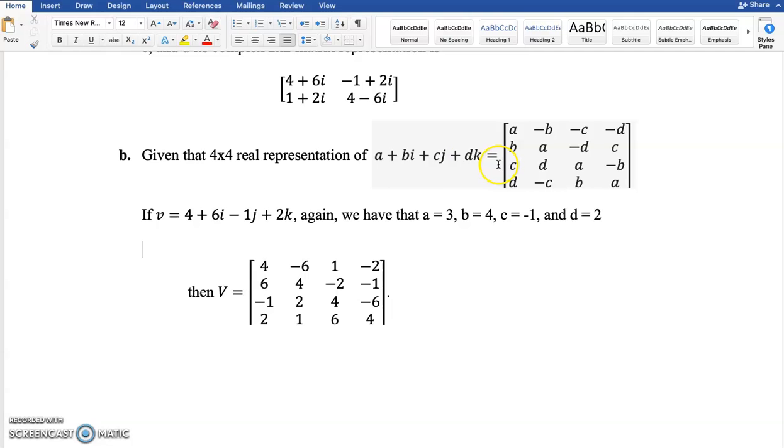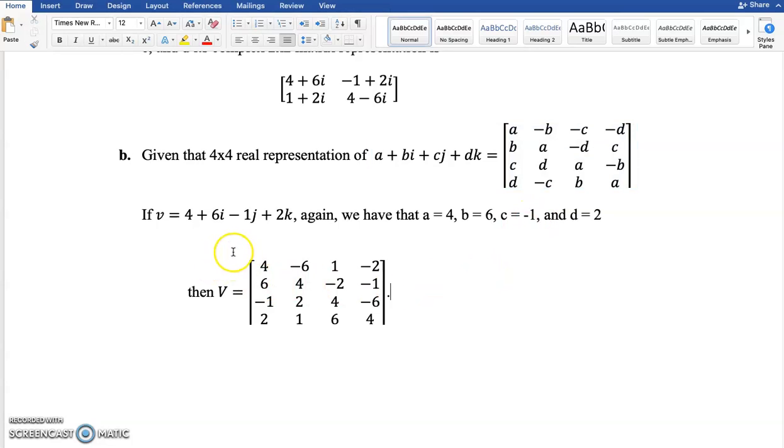The 4 by 4 real representation of a quaternion of the form A plus Bi plus Cj plus Dk equals this 4 by 4 matrix: A, negative B, negative C, negative D. So we take all the coefficients in the quaternion given here, and we substitute them in each of the entries of the matrix.